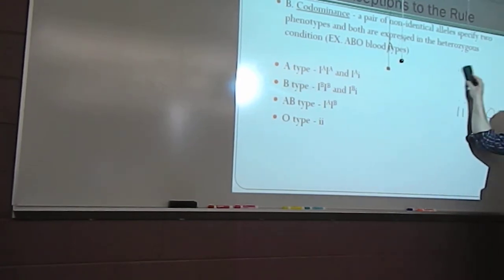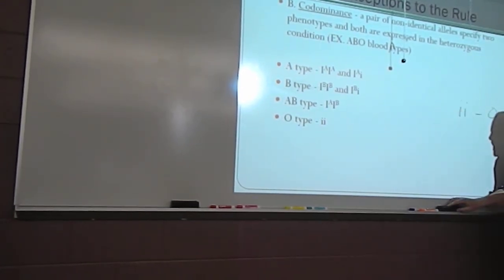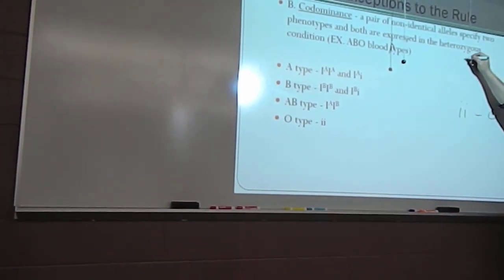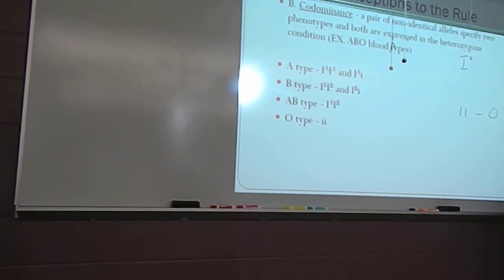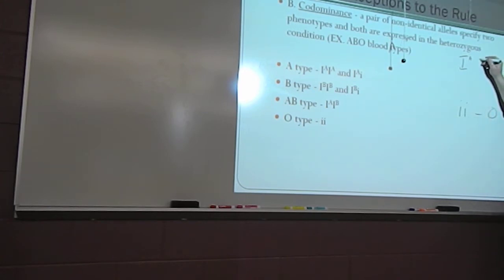So what can occur here is that we have a dominant I, big I, and with that, we can have an A. Now, if we have two dominants together, we can have an A blood type.